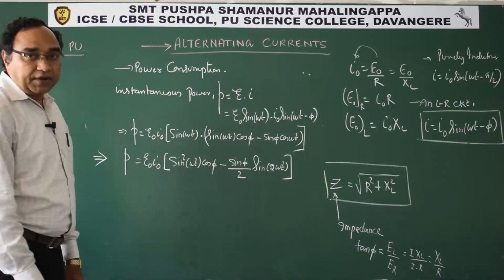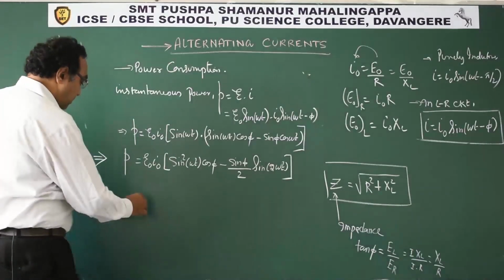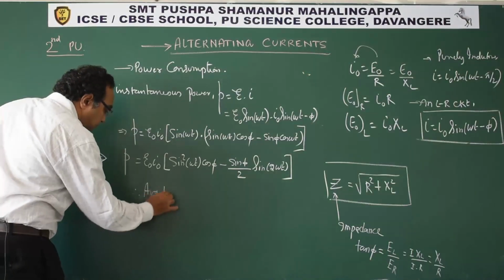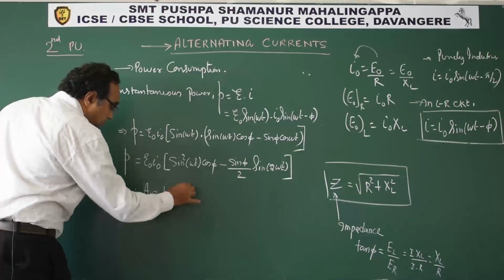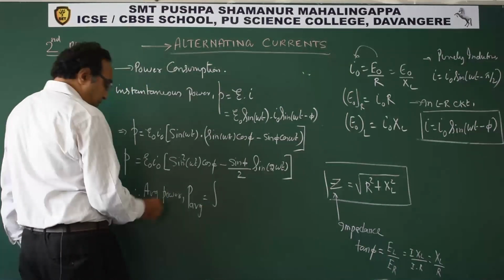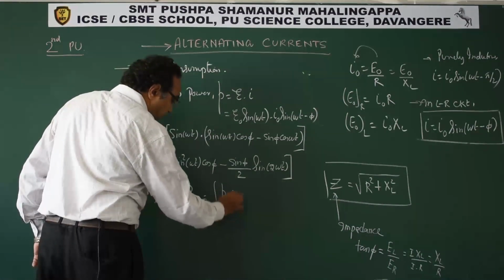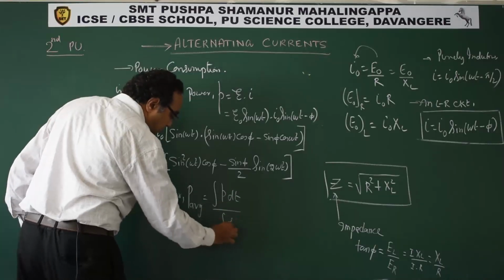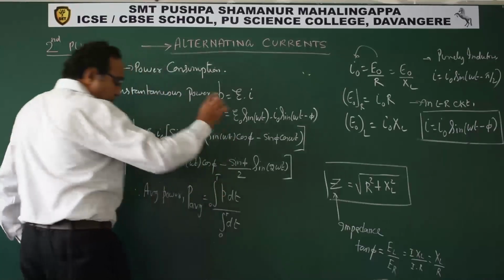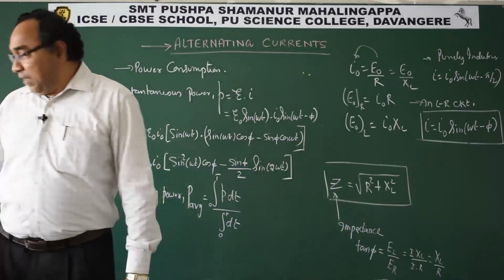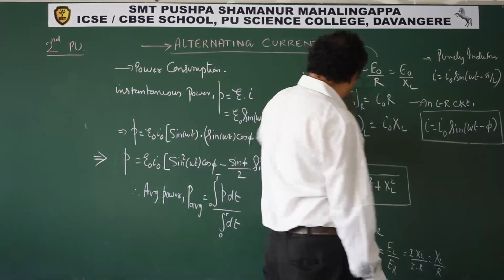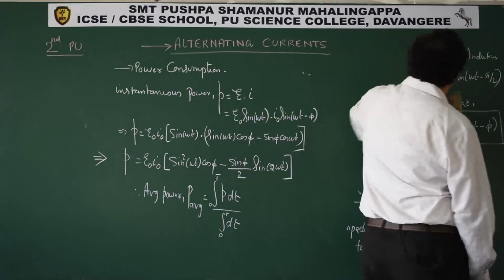Now our aim is to find average power. So average power is, we have to integrate p dt over the given time period of one cycle. So limits will be from 0 to T. Please try and see what you will get.